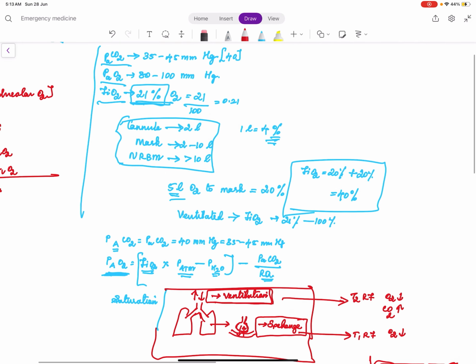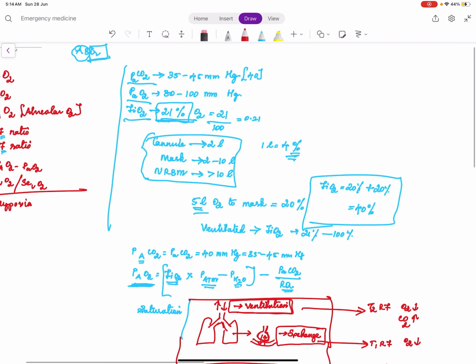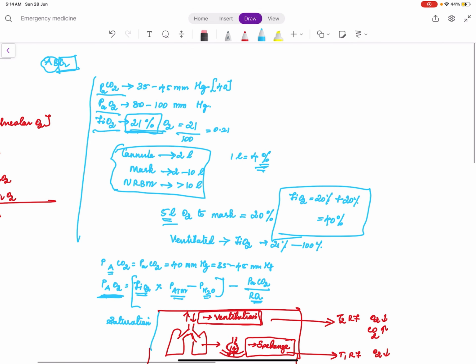So I think we have discussed all the basics now. So just to recall the terms which I discussed till now, P small a O2 is the dissolved oxygen in blood, which is 80 to 100 mm of Hg. The PCO2, need not worry about whether it is small a or capital A. The common value is 35 to 45 millimeters of mercury.